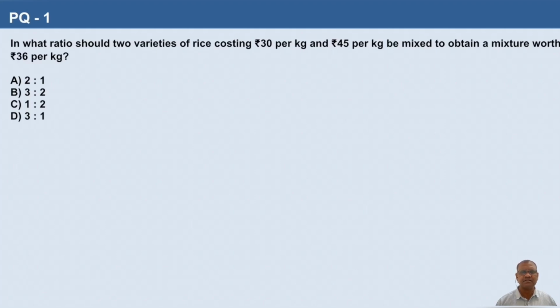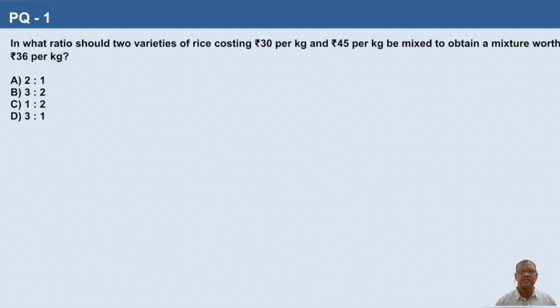Practice question 1. In what ratio should two varieties of rice costing 30 rupees per kg and 45 rupees per kg be mixed to obtain a mixture worth 36 rupees per kg? Cheaper quantity and costlier quantity are both mixed and we get a mean price of the mixture.